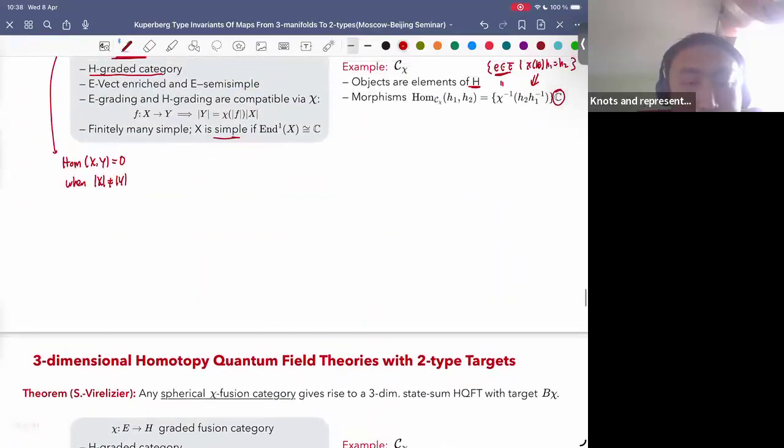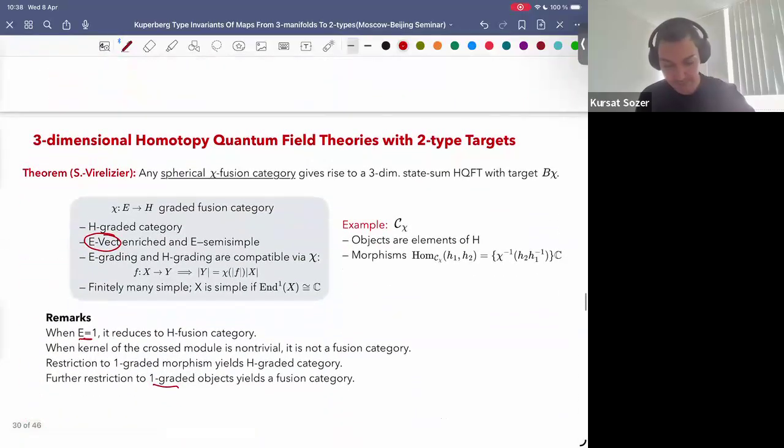Thank you. This theorem is in fact a state sum, not the Kuperberg. What we built is in TQFT style, so it associates a vector space to manifolds with boundary, but this vector space again encodes the homotopy class of this map.